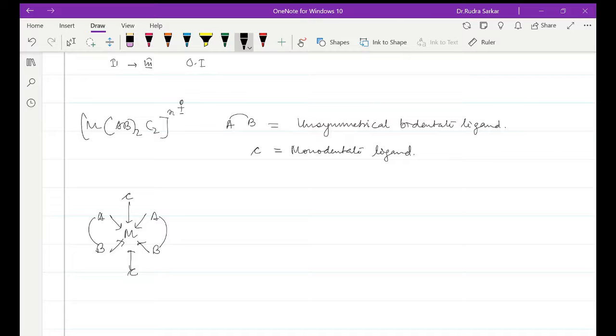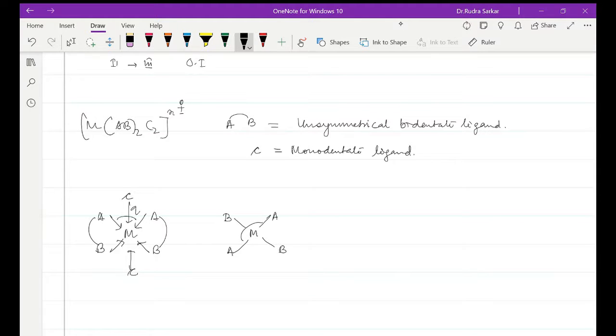So this is one arrangement that is possible for the trans. What other arrangement can be possible? If we keep the A donor points at an angle of 180 degrees to each other like this.